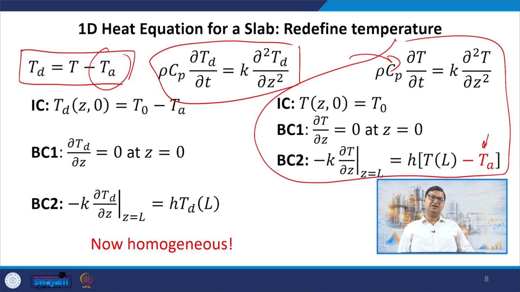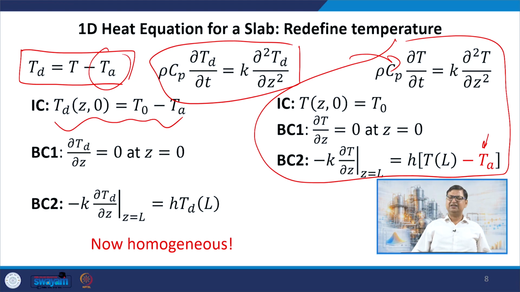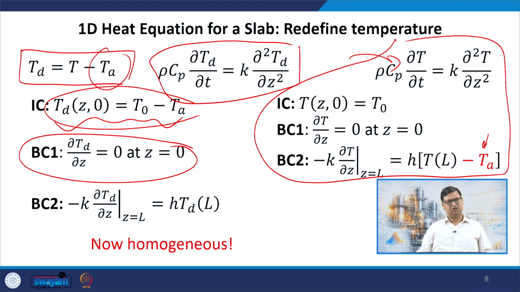But then if I look at the boundary conditions now, the initial condition will be something like T naught minus Ta. T naught was a constant, Ta is still a constant, so T naught minus Ta is also a constant. Mathematically, there is no difference in terms of solution capability. In the boundary conditions, the first boundary condition is still 0, which is already homogeneous. But in the second boundary condition, earlier we had T minus Ta, but just because we have now redefined the variable, now we have H into Td.